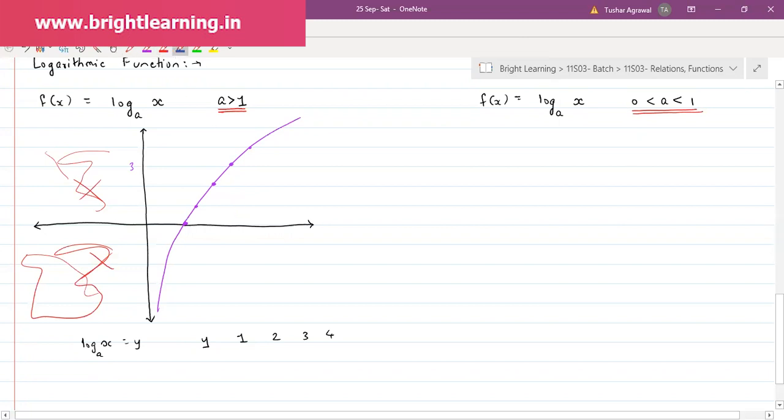Initially the jump was this much, then this much, then this much, then the next jump will be even greater since the graph is becoming more and more horizontal. Then the jump will be even greater. Can you see this part? The corresponding jump will be even greater.